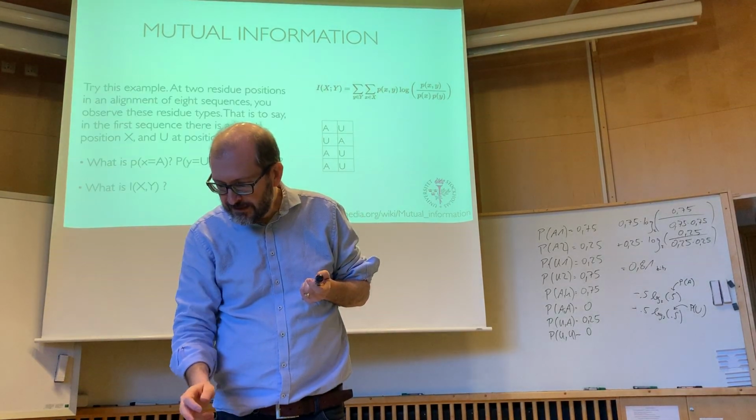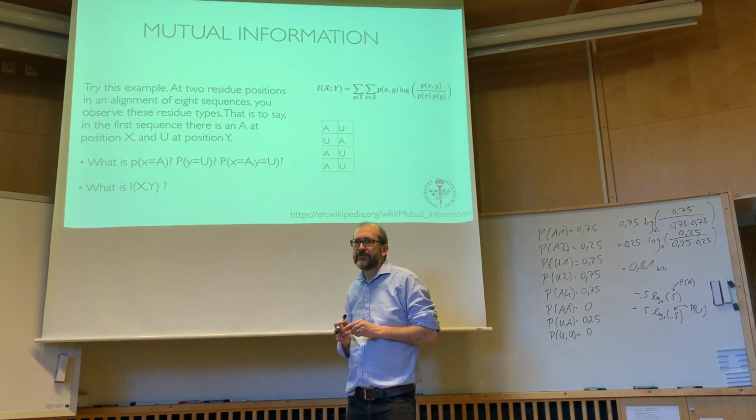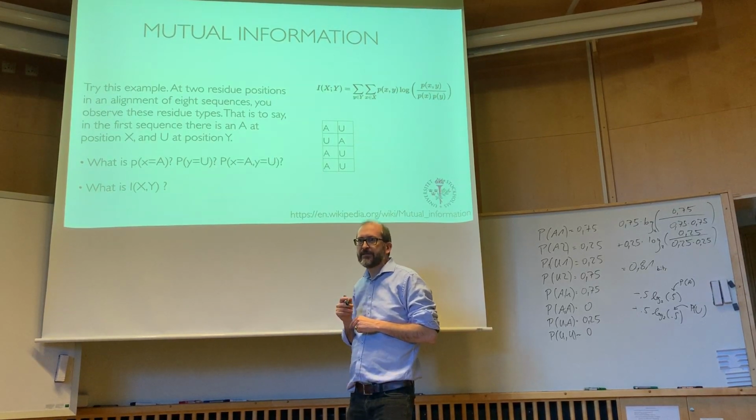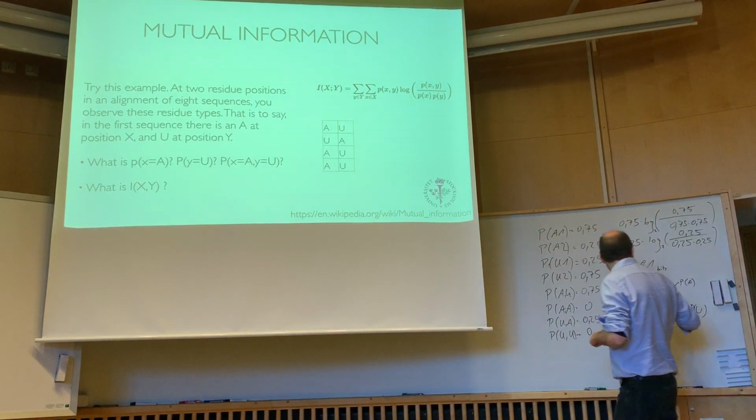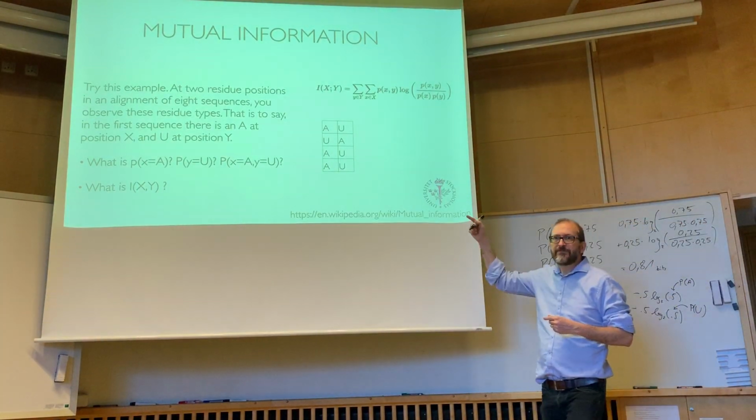So how much information an observation gives us depends on the probability of that event happening. Here we had a slightly different situation where it's A more often than it's U. So U gives us a lot more information. U would give us log base 2 of 0.25, but it happens infrequently.